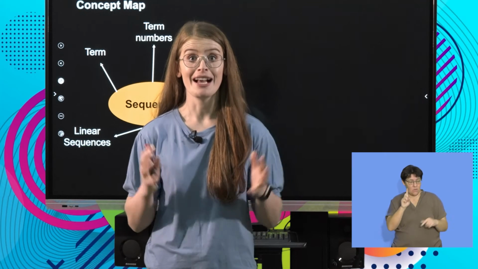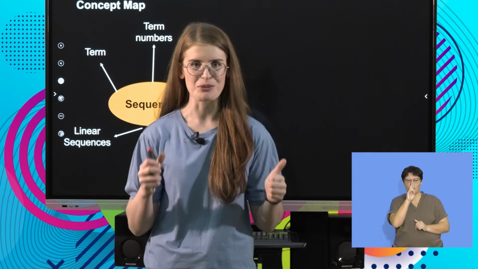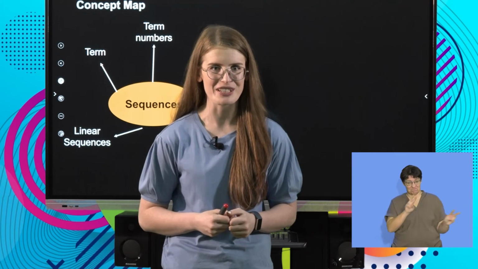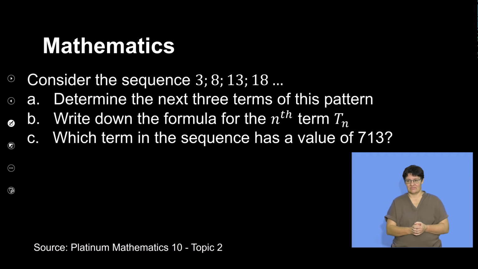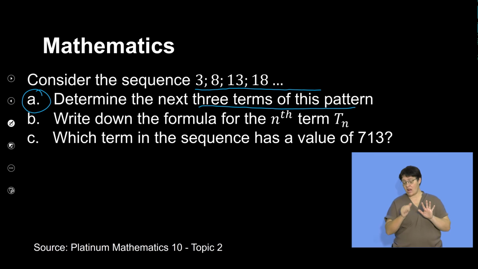Great. So let us look at another example. Will you please turn your eyes to the screen with me? We are given another sequence that goes 3, 8, 13, 18. We have 3 questions regarding this sequence. The first one is that we are going to determine the next 3 terms of the pattern.